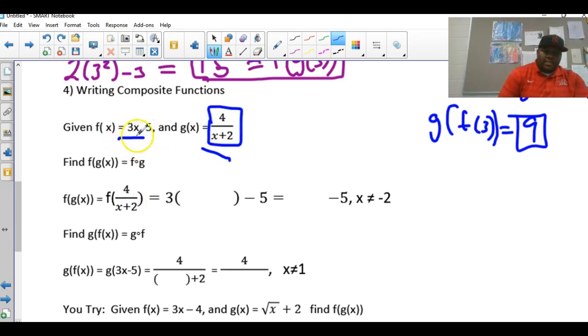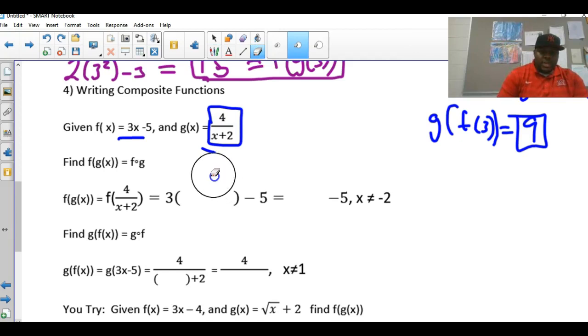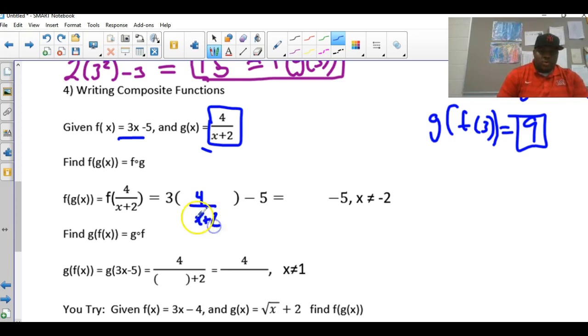We're going to put that in place of x inside of f. Where that x is, see it's 3x minus 5, instead of x you have g. So you have 4 over x plus 2 in parentheses right here. Anyway, we have to evaluate this.